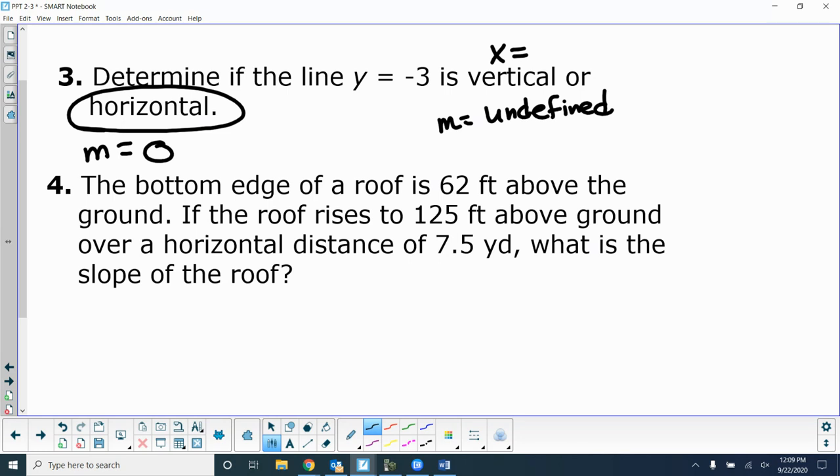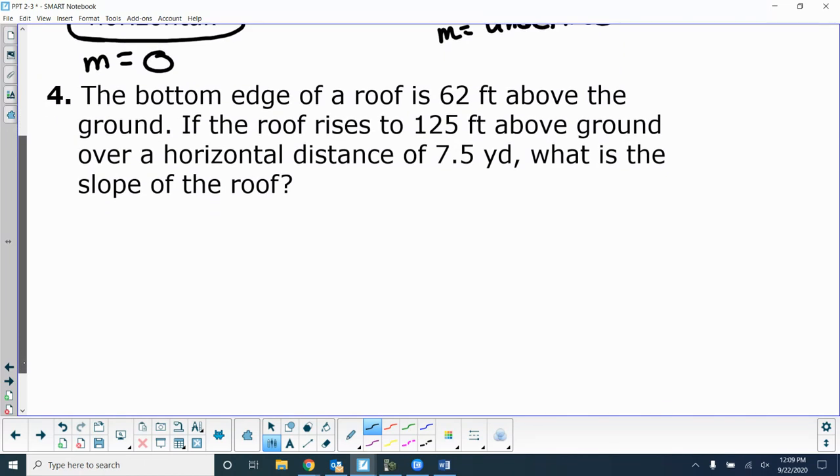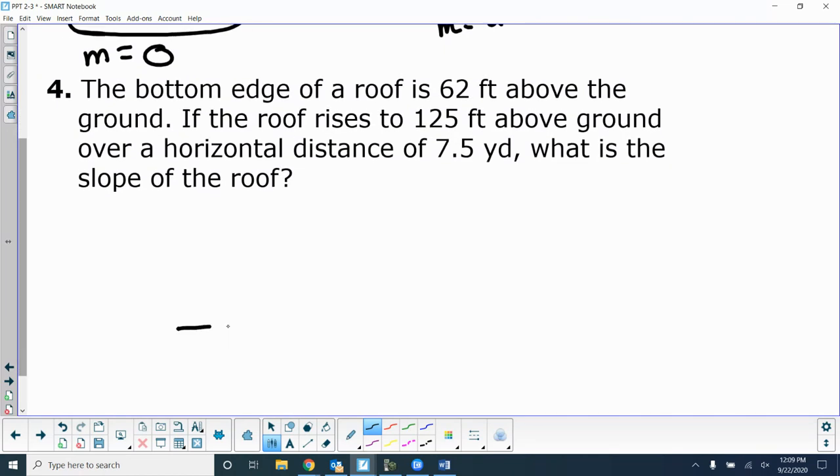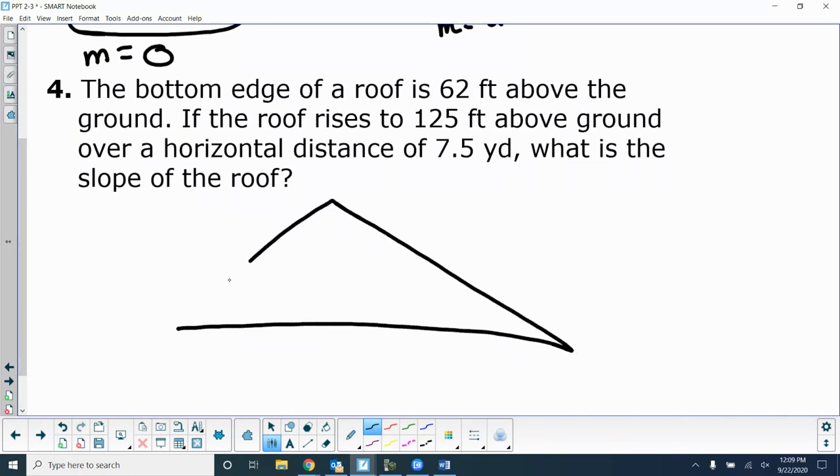And then number 4, we're just looking at a roof. Okay? So if we draw a roof, we just worry about half of it, right? Now remember the building's down here, right? So from the ground to this part of the roof, it's 62 feet, and from the ground to the top of the roof, it's 125.